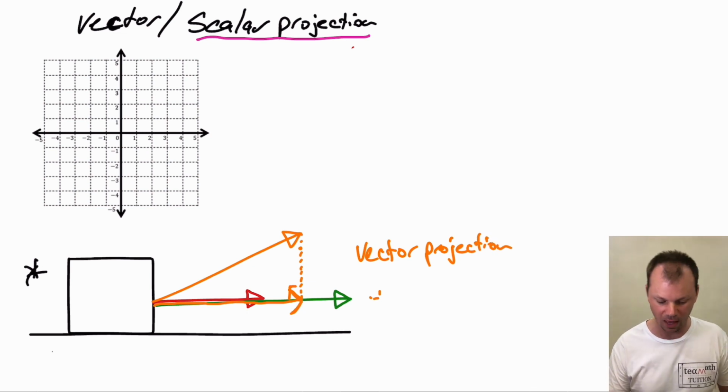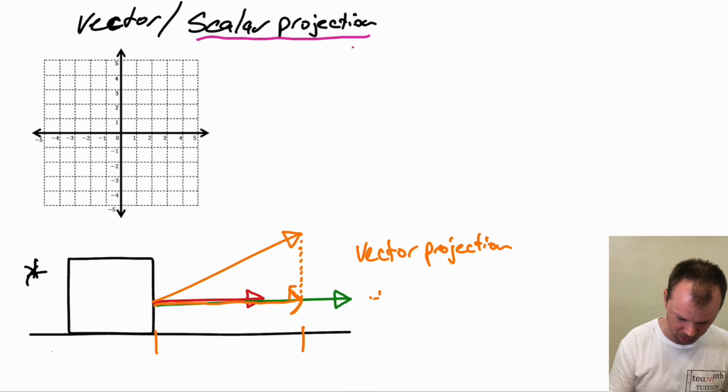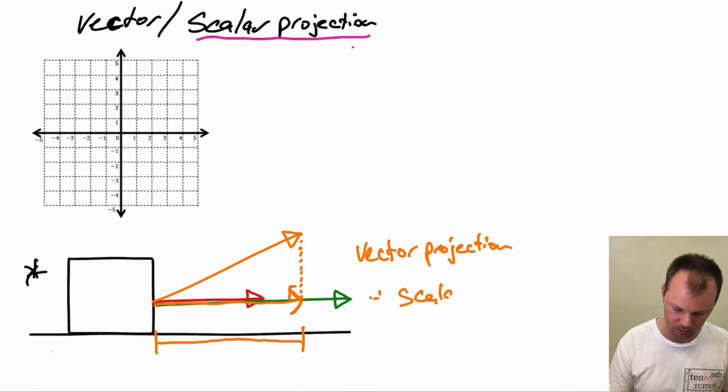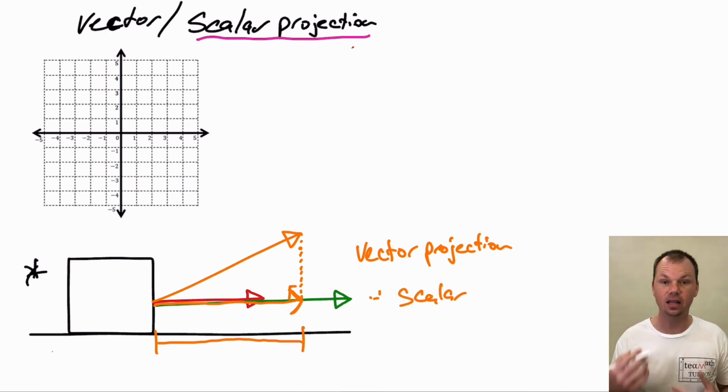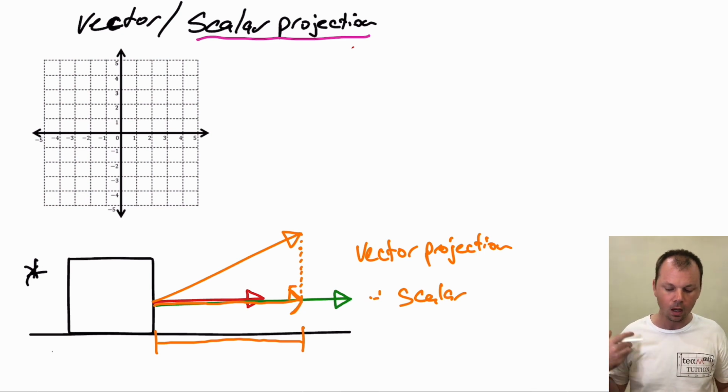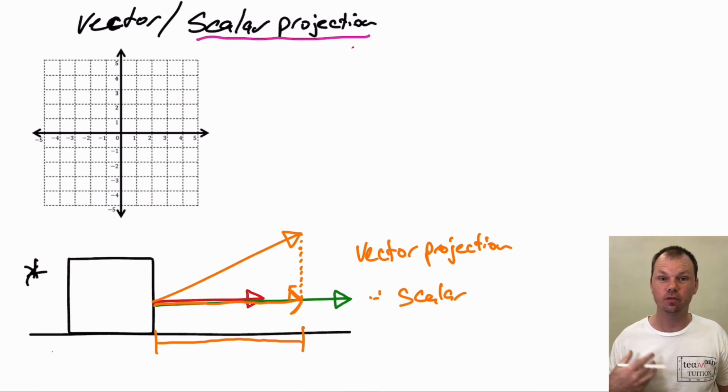The length of that vector, so if we're just considering the length only, we call the scalar projection. Scalar because it's not a vector, it's just a length, it's a quantity, it's just a number. Projection sort of refers to a light projection, right?